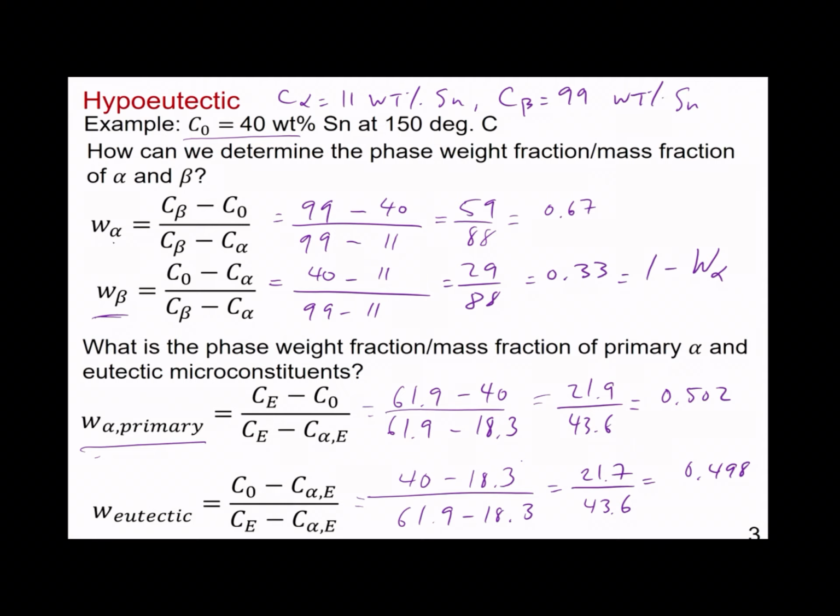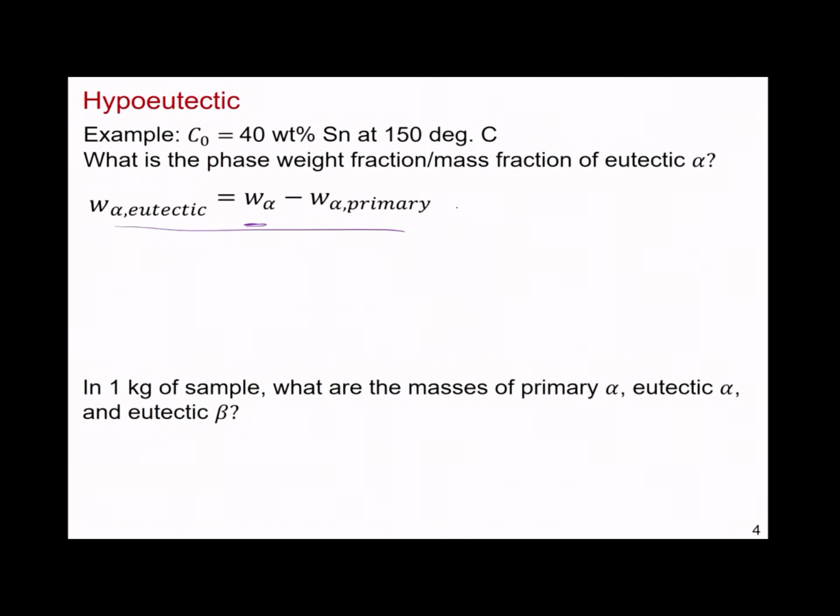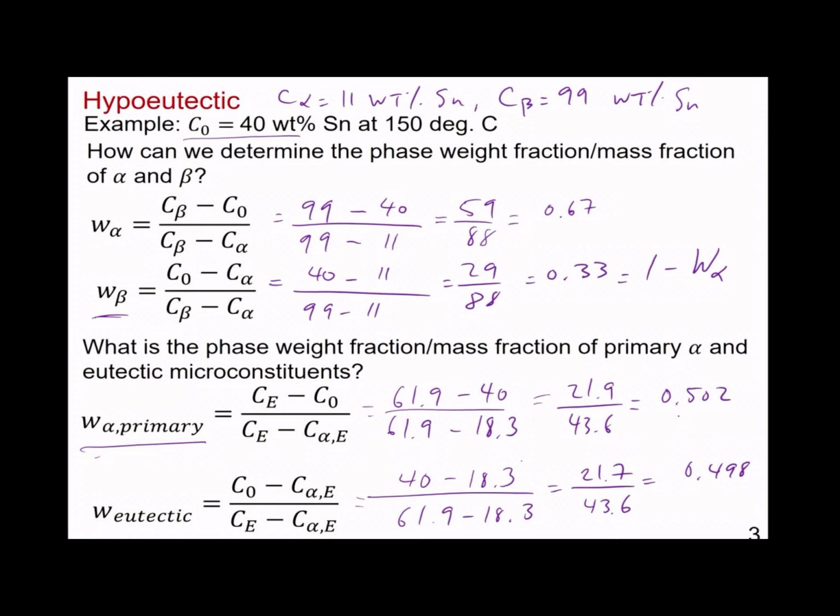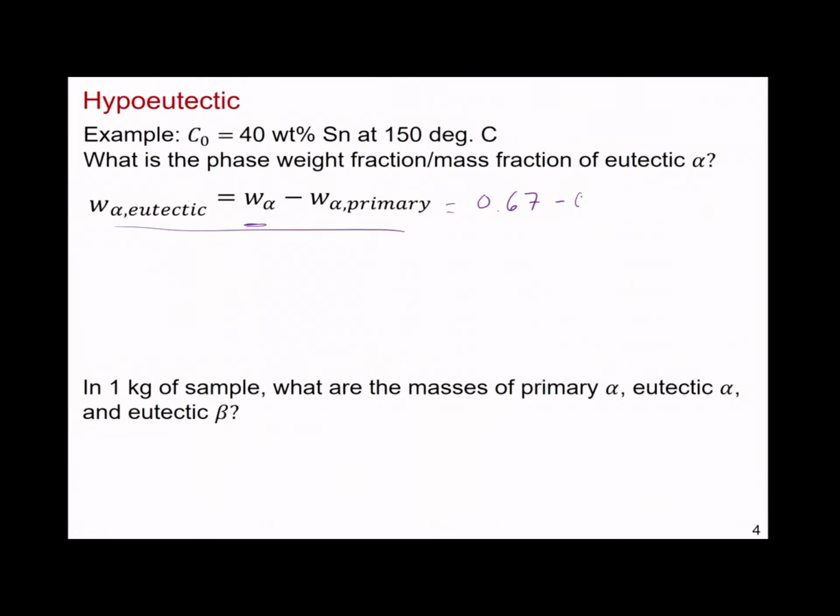So W alpha is 0.67. And you've just computed what W alpha primary is, which is 0.502. So the remaining part is the mass fraction of the eutectic alpha, and that gives you a very small number.